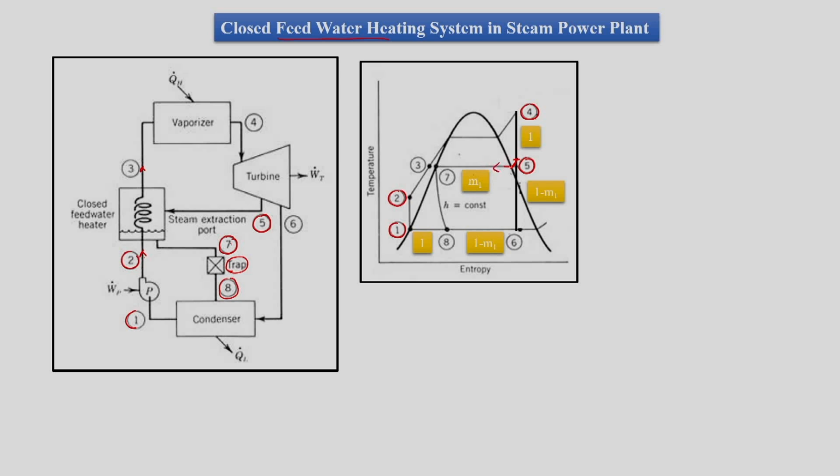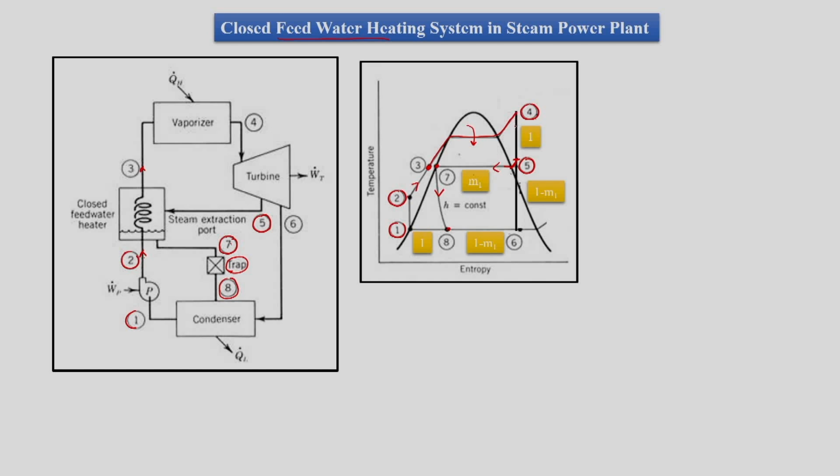So this mass is coming and heating the water from 2 to 3. So we reach here, and the water has reached here, or steam has reached here, which is now a saturated liquid. Now this water is sent to the boiler where we are adding heat from the external source, and this steam is sent back through the 7 to 8 process.